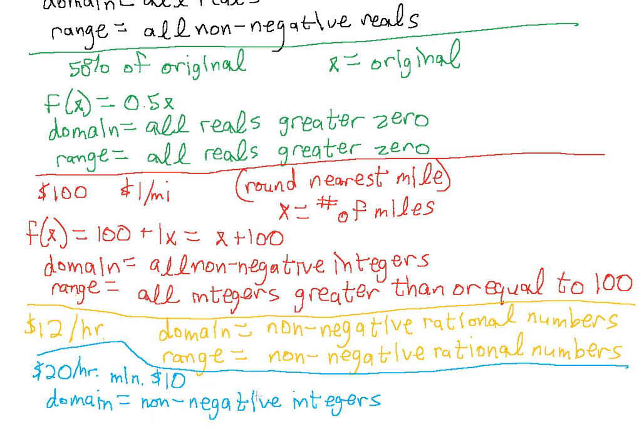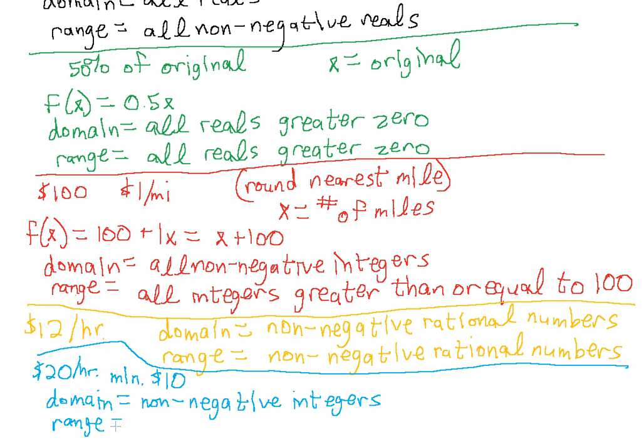So it's going to be non-negative, and it's going to be the set of integers. Integers meaning he can't mow just half a yard. He's expected to mow 1 yard or 2 yards or 5 yards or 10 yards, however many yards he has to mow. So the set of all non-negative integers, including 0. 0 is a non-negative integer. He can take the day off and not mow anything.